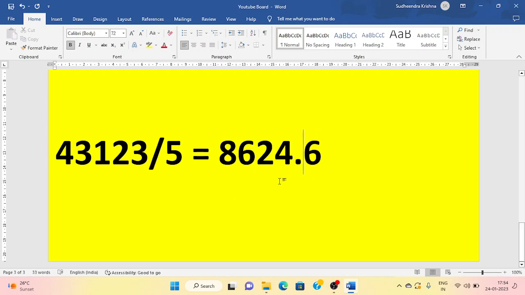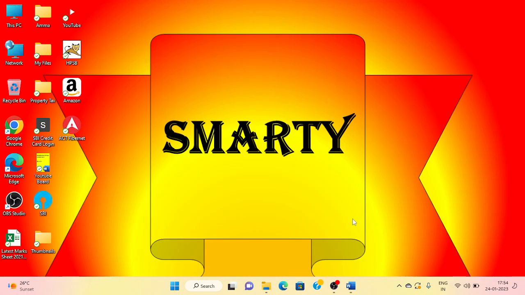So 8,624.6 is the required answer. So 43,123 divided by 5 is equal to 8,624.6. So in this way you can divide any number by 5, whether it's a 3-digit number or 4-digit number.